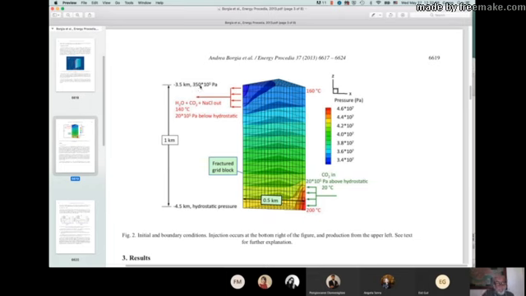So you are extracting at 33 megapascal pressure. 35 megapascal is the ambient pressure, and you are injecting at 20 down here. Down here is a kilometer deeper, so as opposed to 35 it is going to be 45 megapascal, so 47 megapascal pressure, at 4.5 kilometers.